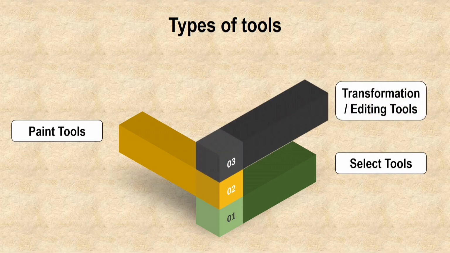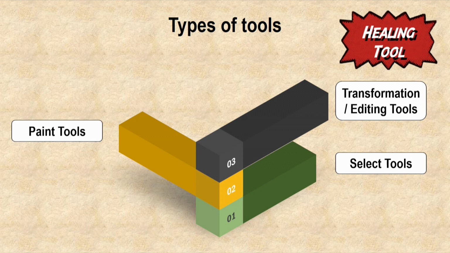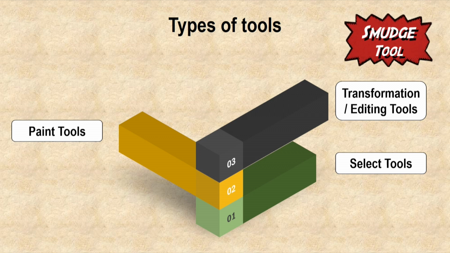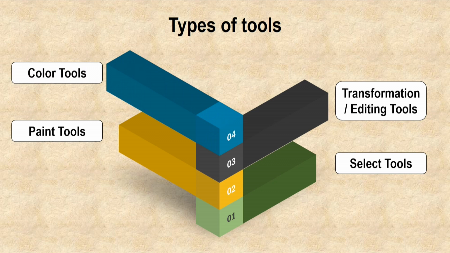Most of the tools covered under this category are very useful in order to provide any kind of transformation like scaling, rotation, flipping and so on, and many image editing tools like the healing tool, smudge tool and so on. And color tools is one of the categories which can be used for changing the colors or for enhancing the graphics colors.